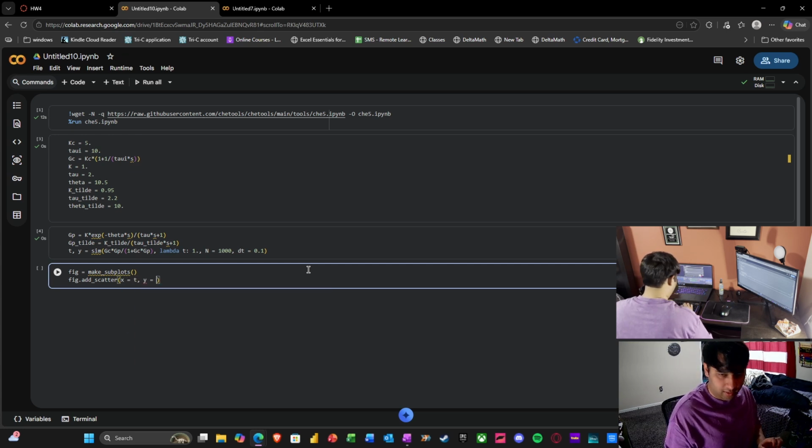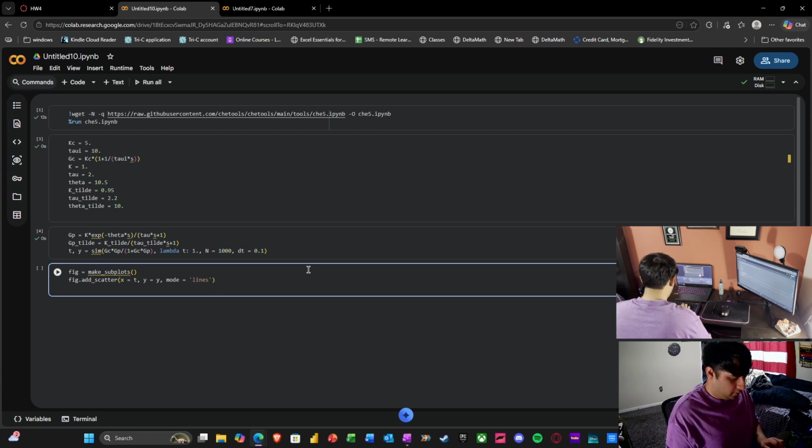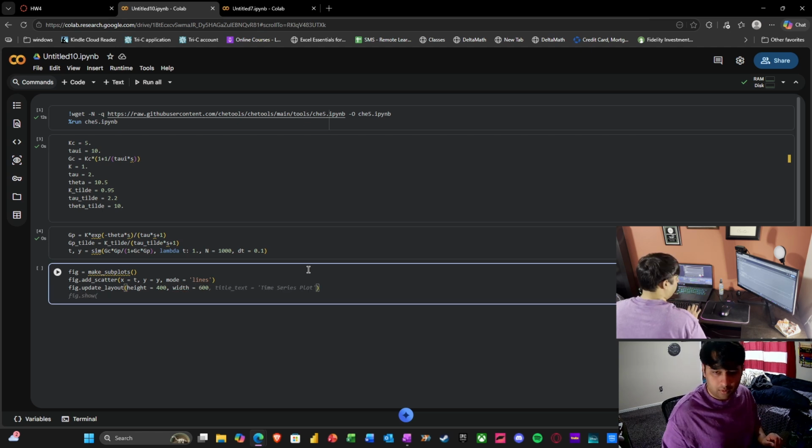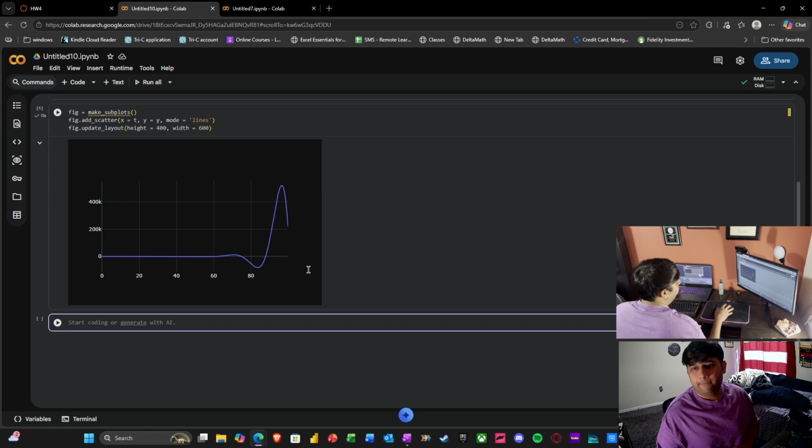So, or however you want to phrase that, t, y equals y, mode equals lines, and then fig.update_layout, height 400, width equals 600. There we go.